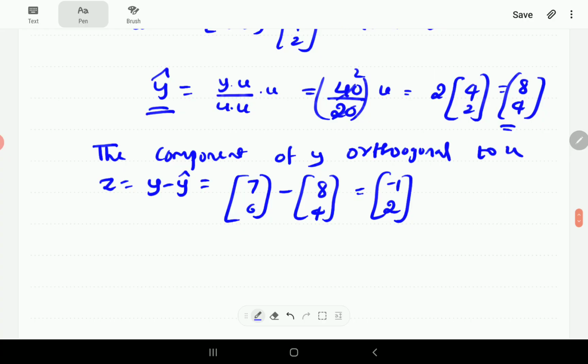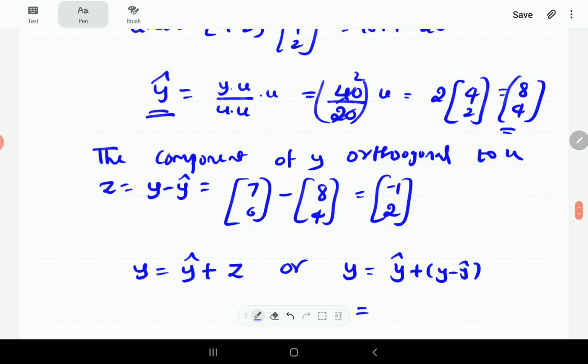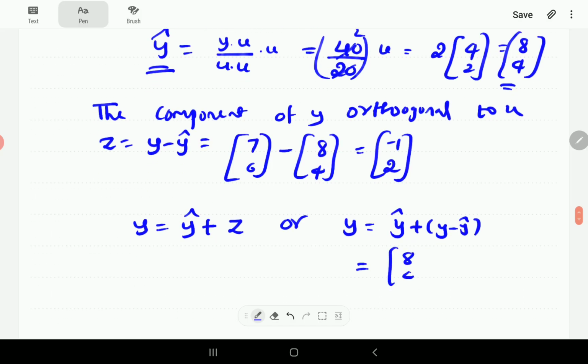Now the sum of these two vectors should be y, right? Because we can write our vector y as the sum of the orthogonal component and its projection y cap. So let us write y as y cap plus z, or you can write y as y cap plus y minus y cap, right? So what is our y cap? We already found, your y cap is 8 4, and your orthogonal component is negative 1 2.